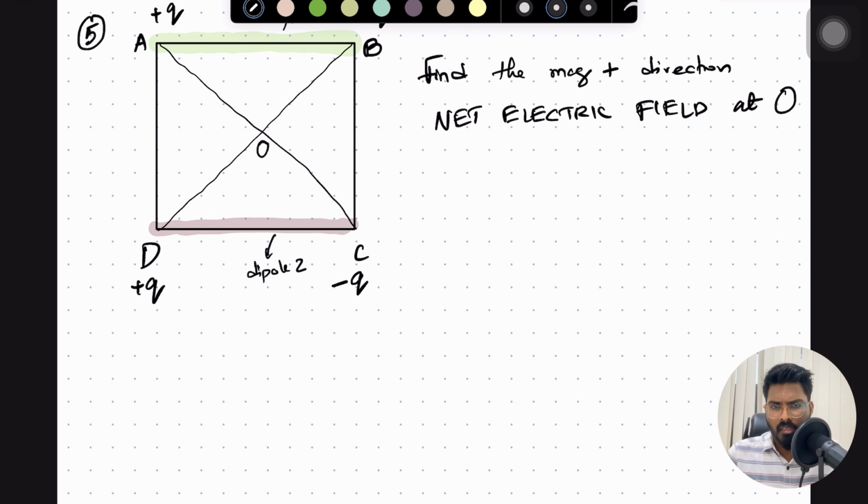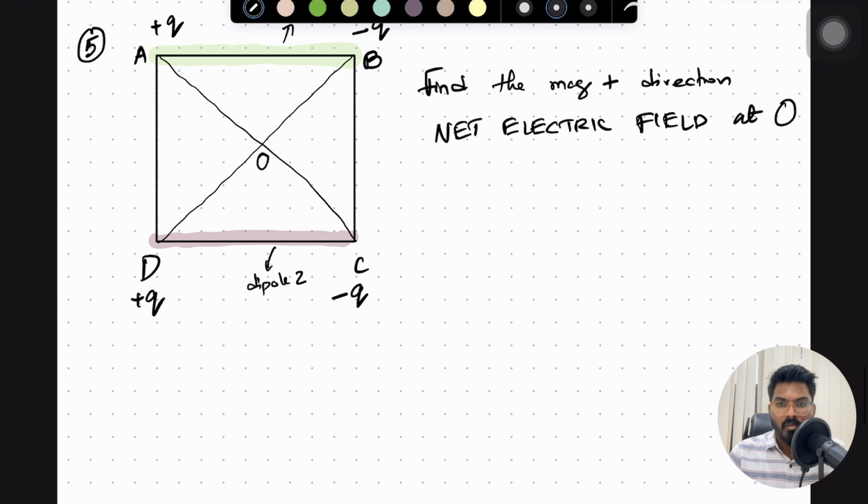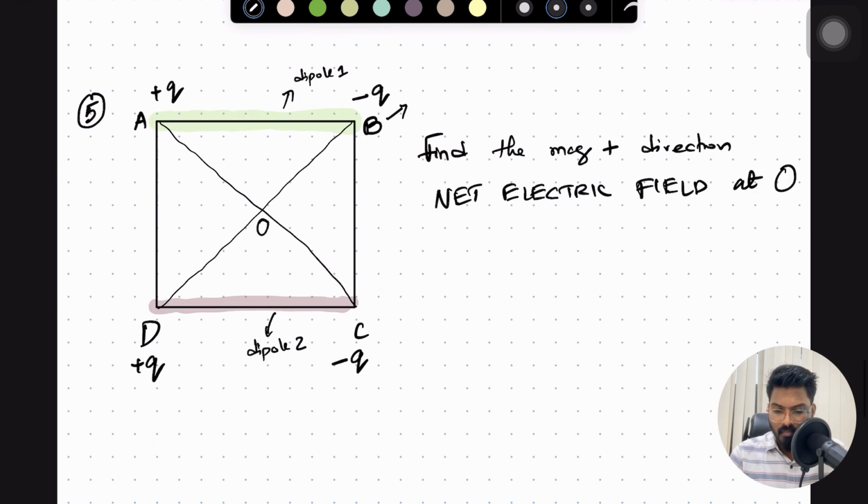So let's do this. Firstly, let's consider one of the dipoles, this first dipole 1. Now we would want to consider the distance of this point from the center. Now what is the distance? The square's side S is already given in the question as square root of 2. So this is square root of 2, this is square root of 2.